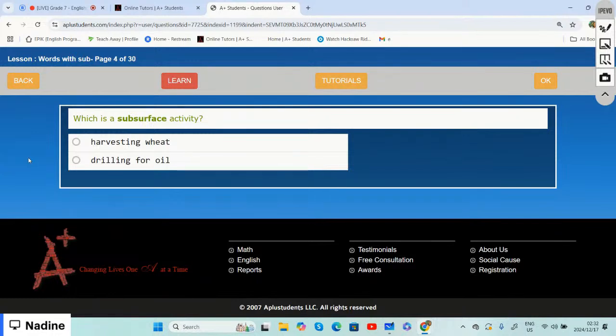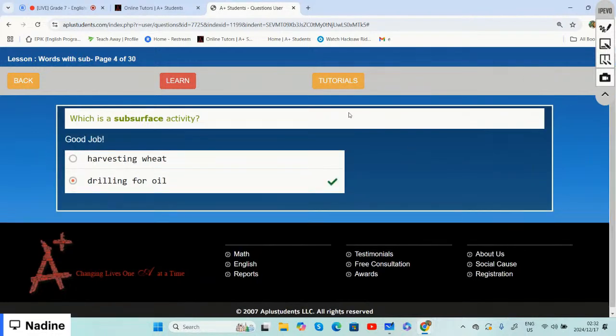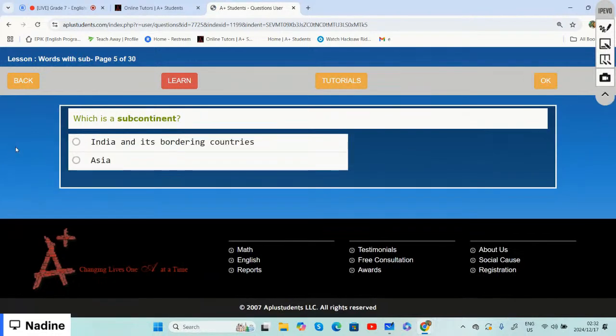And a subsurface activity would be drilling for oil, because with harvesting wheat, it's like you are already getting your stuff.